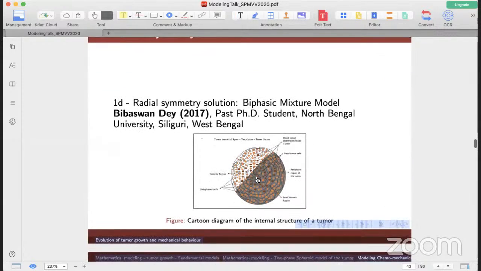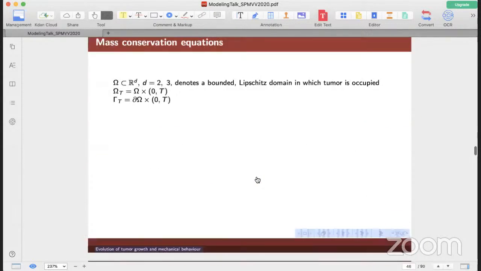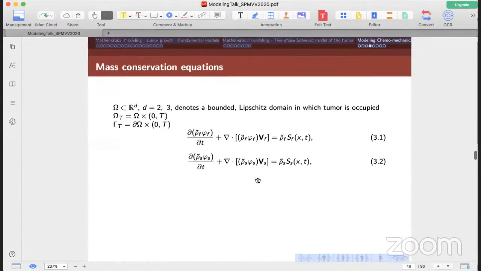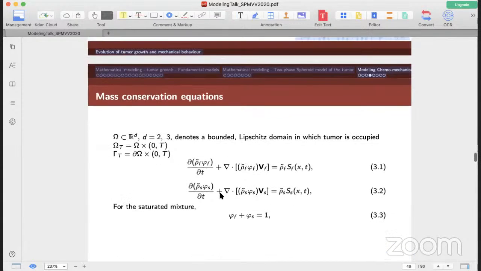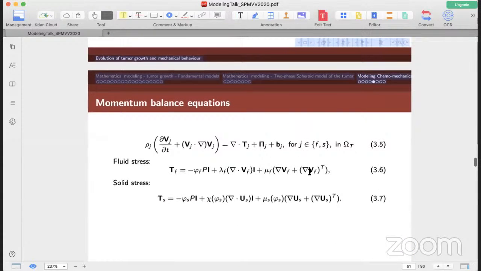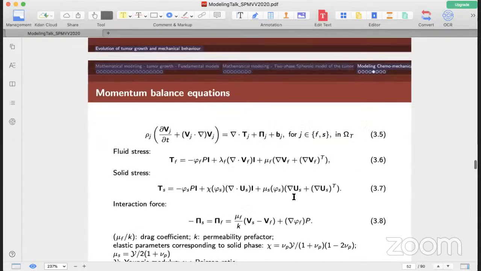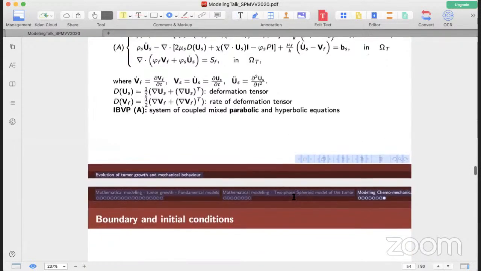We have also done something on a biphasic mixture model. Here we are moving ahead with a similar two-phase flow model, and then the corresponding fluid mechanical system, and you can solve the equations. I'm not discussing the math.